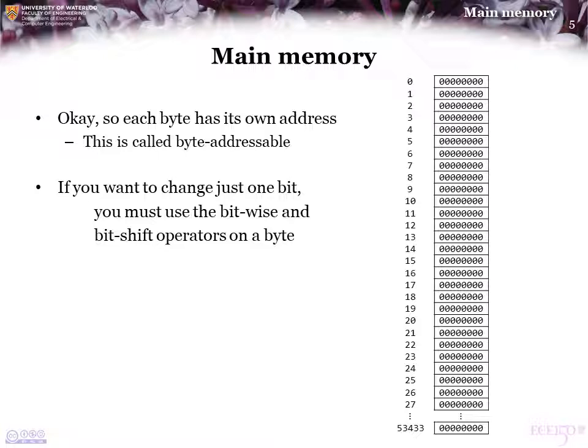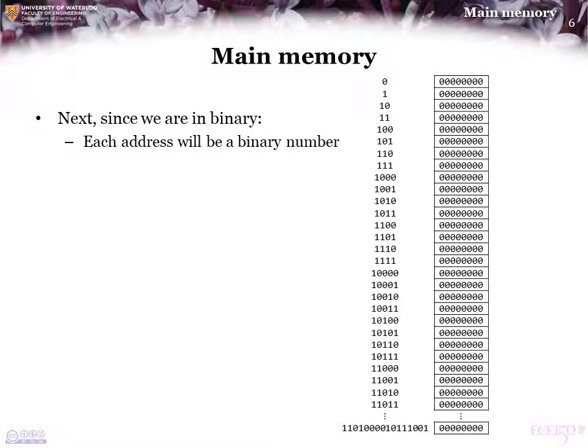So you cannot address a bit. You can only address a byte at a time. Now, in the computer, all numbers are stored in binary. So instead of showing the addresses as decimal numbers, here we see the addresses as binary numbers.